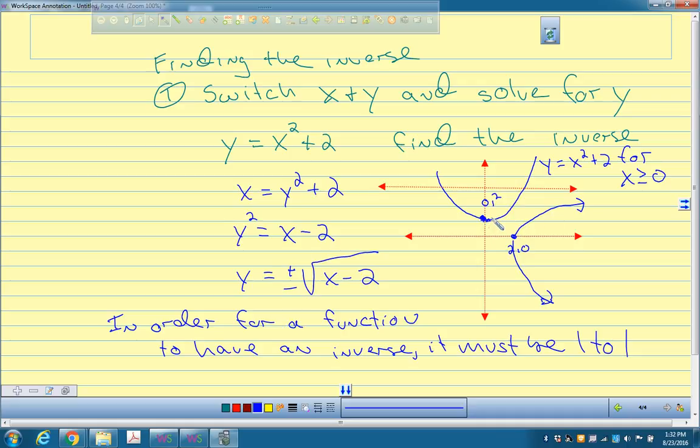You could think about it graphically, right? For x greater than or equal to 0, you're talking about this part of the graph, yes? So the reflection over y equals x would be this half of the graph. Or you can just say it's the plus part of this function. If I graphed it, I get this half. So if I wanted the bottom half, I would have to restrict my domain to x less than or equal to 0. Yeah? Okay?